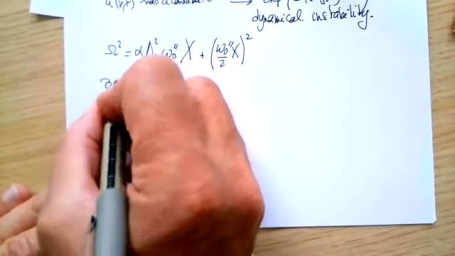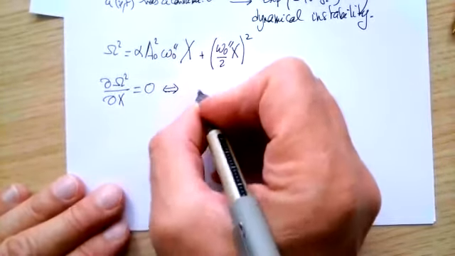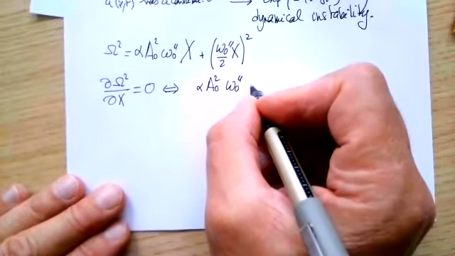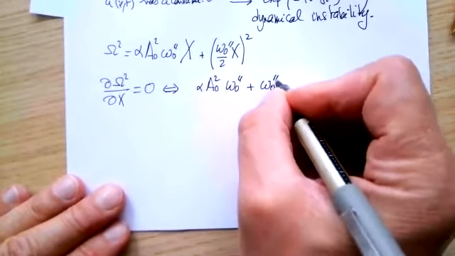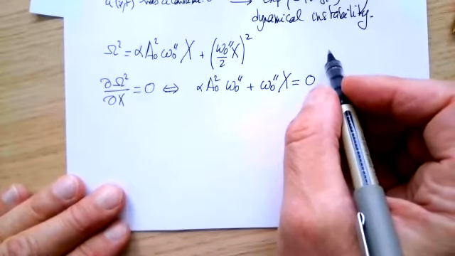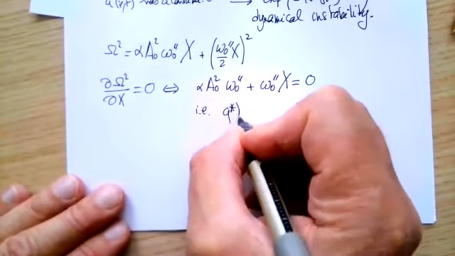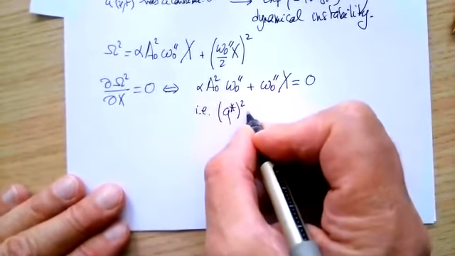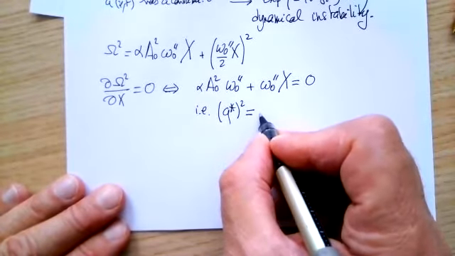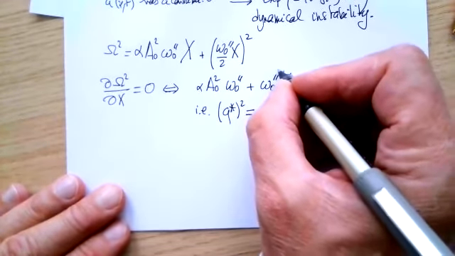One has d omega squared over dx equals 0 when alpha plus the x term equals 0. It means that q star squared, which is x, equals minus... sorry, it's a square.